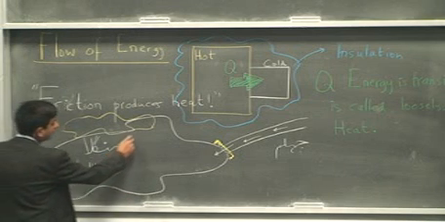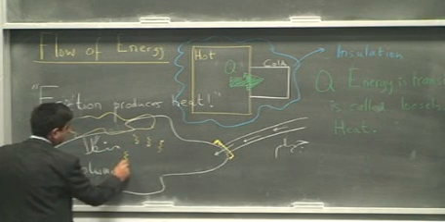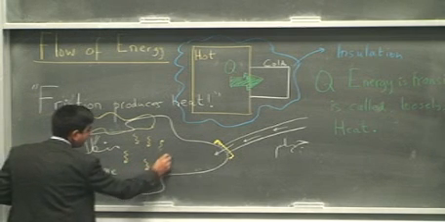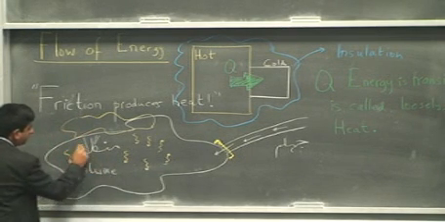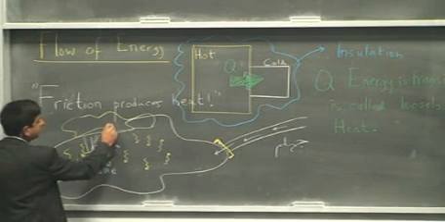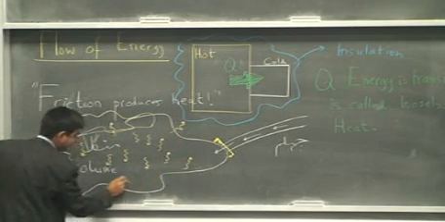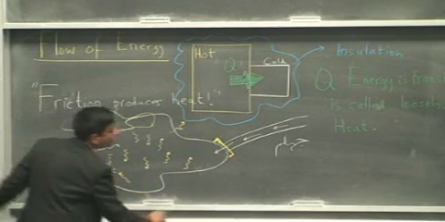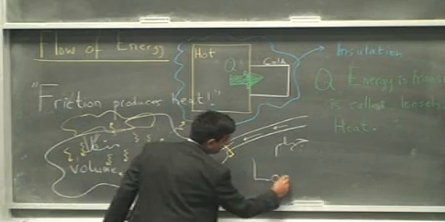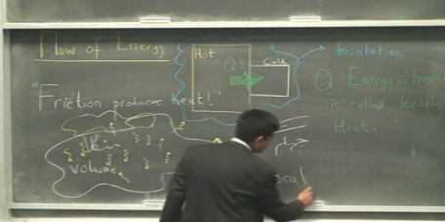And this is a local phenomenon, this condensation. So this is condensation by these inward pointing arrows. This is evaporation by these outward pointing arrows. These are rather local, or microscopic, phenomena.